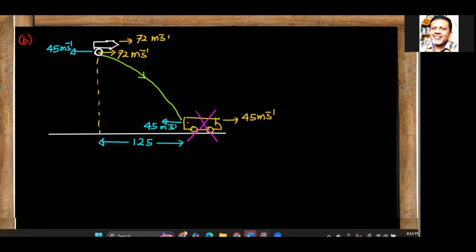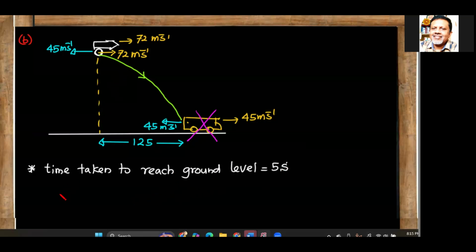Okay, so we know that the time taken to reach the ground level is equal to 5 seconds as calculated before. We don't need to calculate it again.